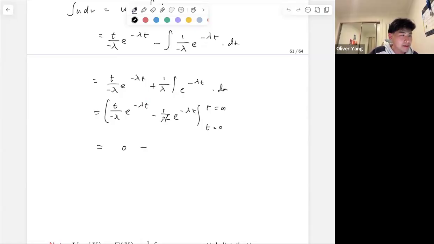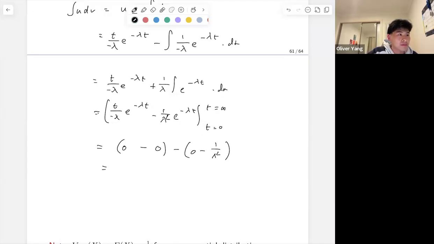So this one here, we're going to have 0, right? Minus. Now we're going to sub in our 0. So 0 here is going to be 0, right? 0 here is going to be minus 1 over lambda squared, right?